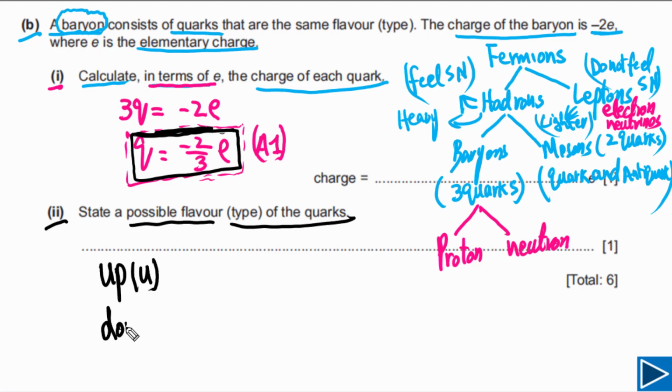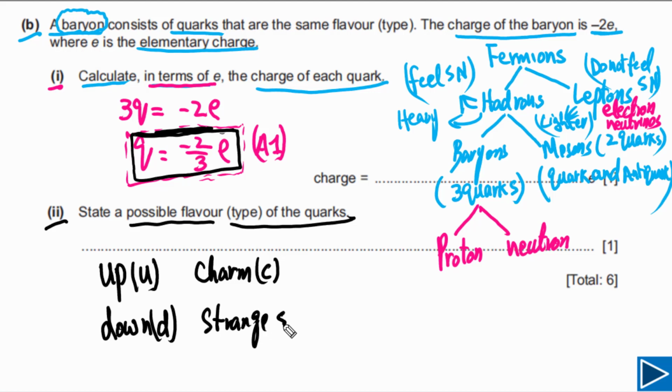In the first generation, we also have the down quark, and the symbol for the down quark is small d. In the second generation, after up and down quark, we discover the charm quark and the strange quark. After charm and strange quark, we discover the top quark.